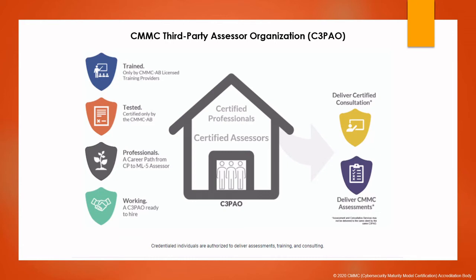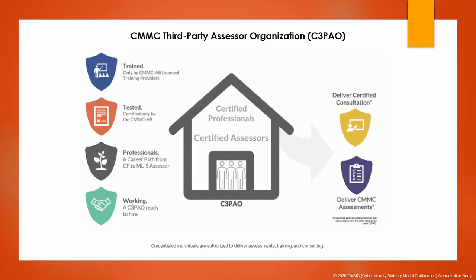As I discussed in the first video, the CMMC is taking a different approach to assessments by requiring all CMMC assessments to be conducted by a third-party assessor. This means that there are no longer going to be self-assessments like there was with the DFARS.